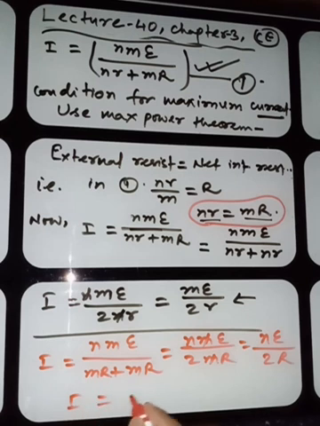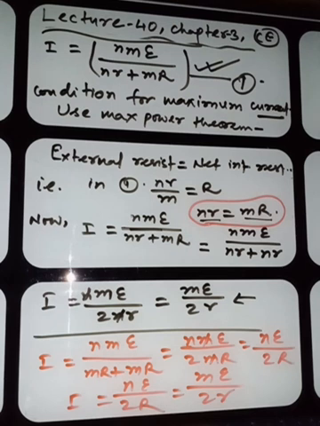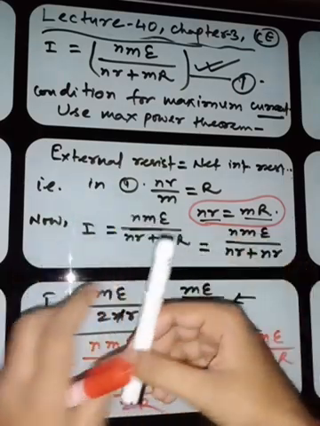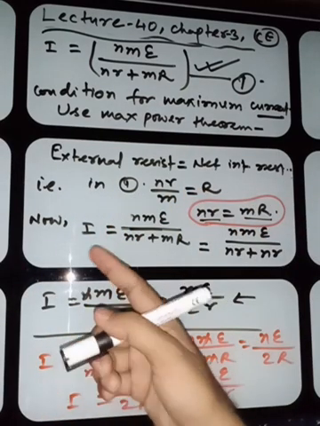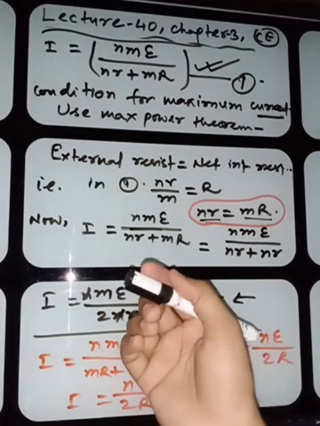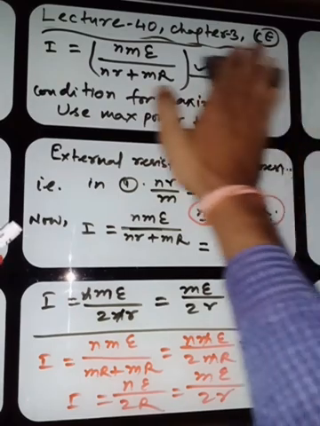If internal resistance is given, then you will write ME by 2R. If external resistance is given, then you will write in this way. Now I am giving you a very simple homework, then we'll move to the next topic.